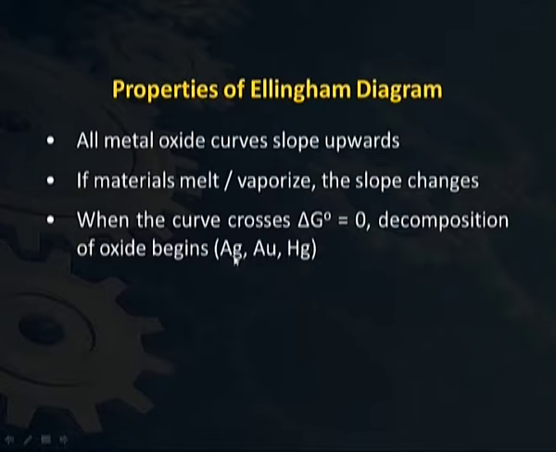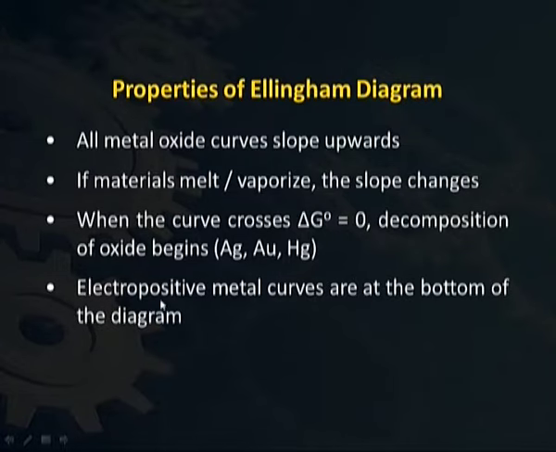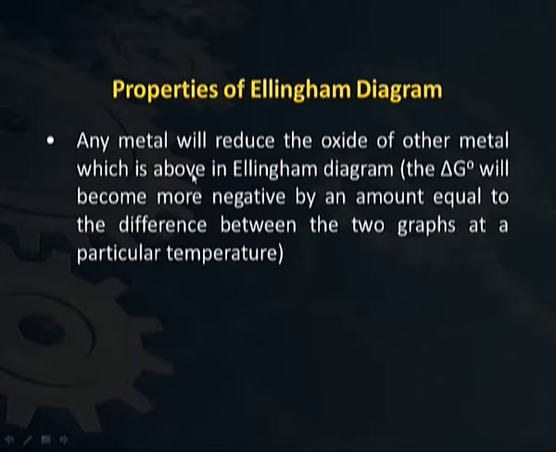The materials at the top were silver and gold, which we saw in the diagram, and the electropositive metal curves are at the bottom of the diagram. Any metal will reduce the oxide of another metal which is above it in the Ellingham diagram. This is because the delta G naught will become more negative by an amount equal to the difference between the two lines at a particular temperature.